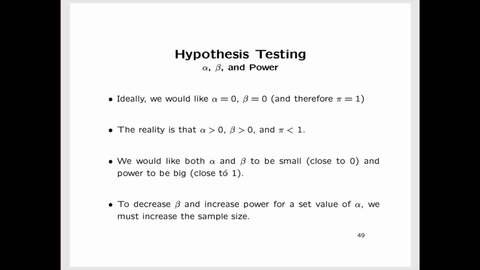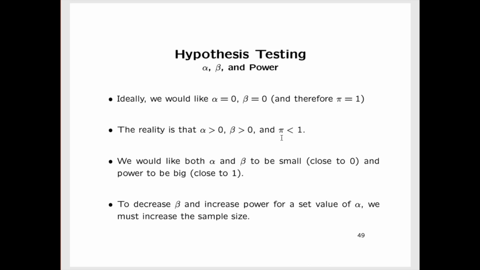Remember that both beta and power are not constants. These are functions of a variety of quantities: the significance level, the true value of the population parameters that we're testing hypotheses about, the sample size, the variability in the population, and so forth.